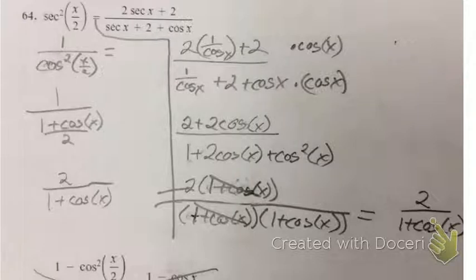Well, 1 plus 2 cosine x plus cosine squared x, in other words, 1 plus 2x plus x squared, is just screaming factor, factor, factor. And if I factored it, I would get 1 plus cosine x times 1 plus cosine x. And if I factored out a 2 out of here, I would get 2 times 1 plus cosine x on top. Gone, gone, left with 2 over 1 plus cosine of x. And you are done, and you're on the next problem.